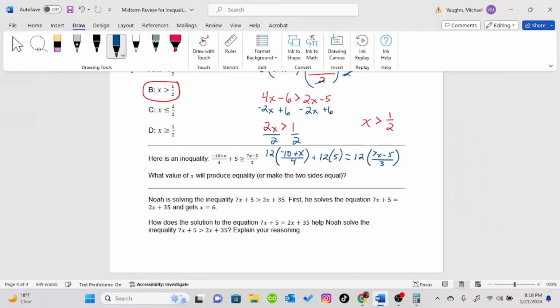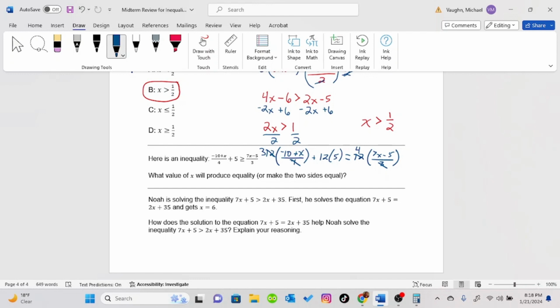So now 12 and 4 cancel out, and 12 becomes 3, because 4 goes into 12 3 times. And over here, 3 goes into 12 4 times.